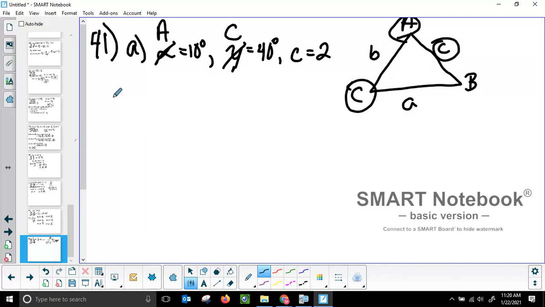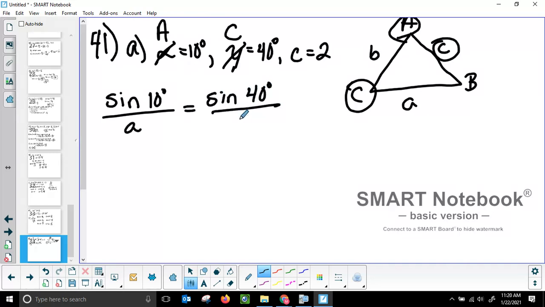So we can say sine of 10 degrees over side A is equal to sine of 40 degrees over side C, which is 2. So now we cross multiply and solve for A, and we will get A is equal to 2 times sine of 10 degrees divided by the sine of 40 degrees.